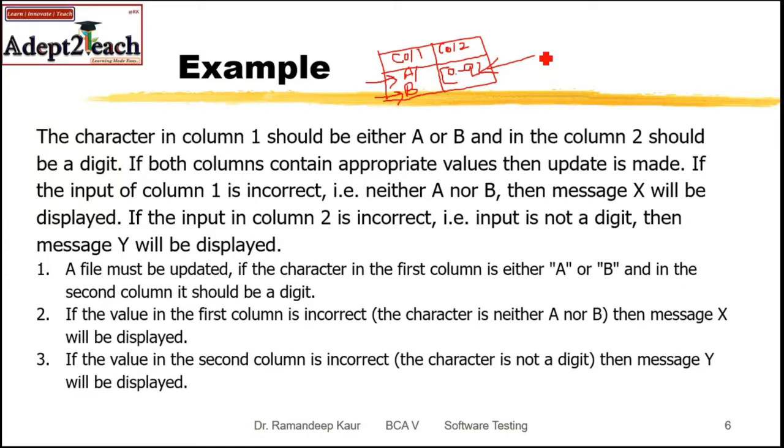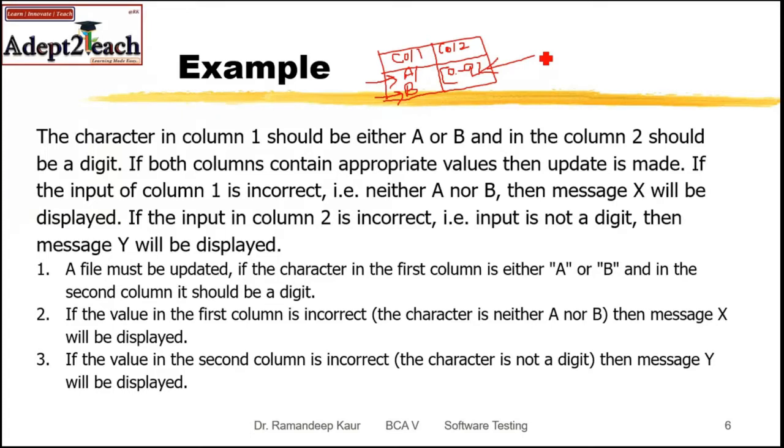The character in column 1 should be either A or B, and in column 2 should be a digit. If both columns contain appropriate values, then the update is made. If the input of column 1 is incorrect, that means there is neither A nor B, then message X will be displayed.